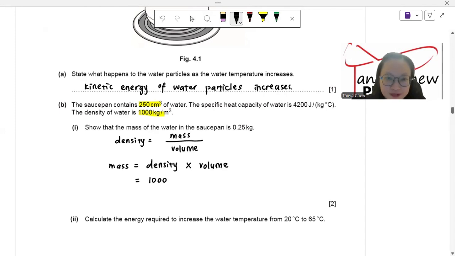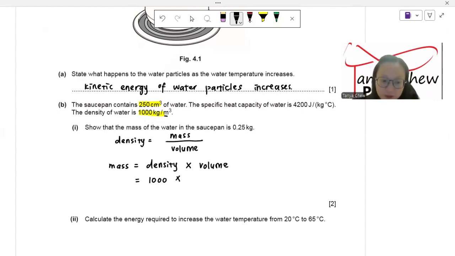Density is 1,000. But beware, because the unit of density is kilogram per meter cube and the unit of your volume is in cm cube. That is a super big trick there. Therefore, you need to change the volume from cm cube to meter cube.